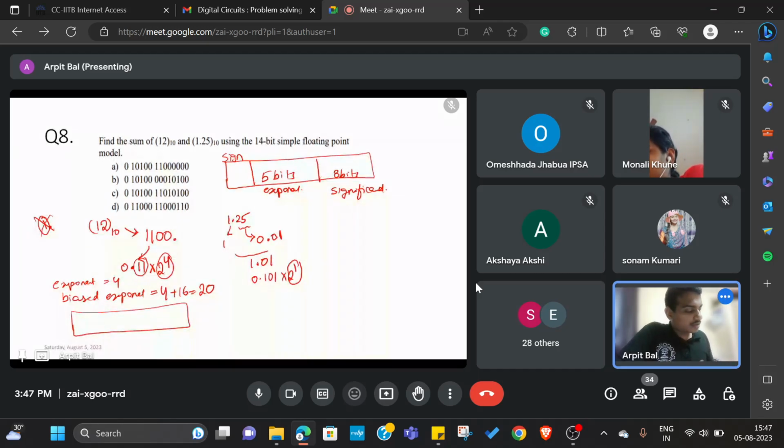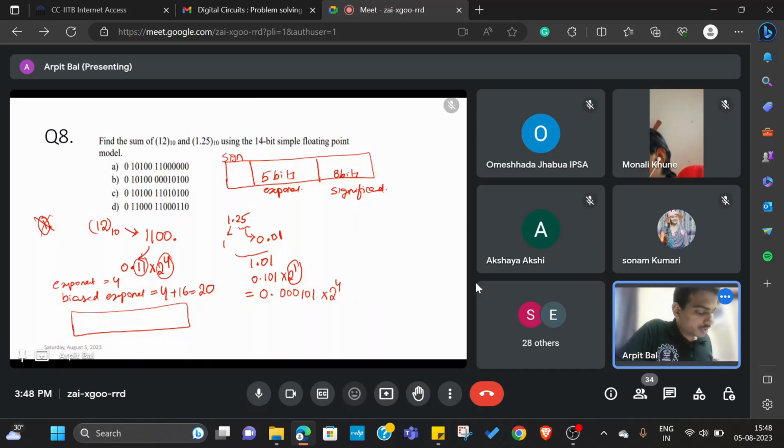So we have to get 2 to the power 1 equal to 2 to the power 4, multiplying by 2 to the power 3. But the value of the number should not change, so we need to move the significand 3 places to the left as well. So we will have 0.00101 into 2 power 4. Now that the exponents are the same, we just need to add the significands.